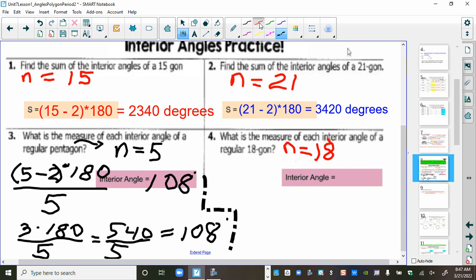So then, it's 18 minus 2, times 180. Sorry, it's a little messy here. And then you divide the whole thing by 18.